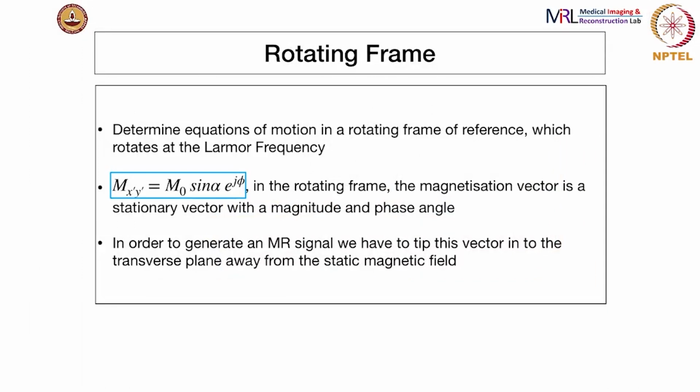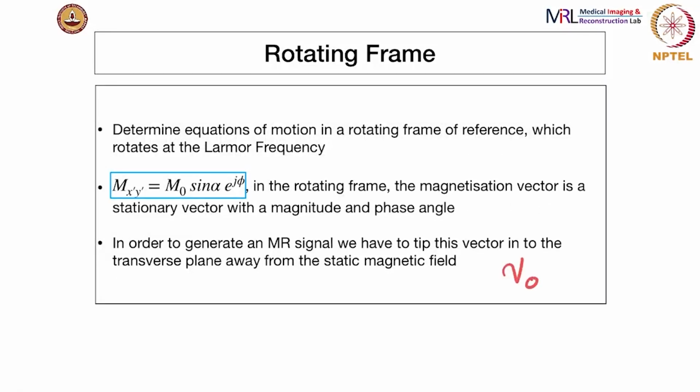There is one other concept you will come across. I will just briefly touch upon it. It's called the rotating frame of reference. If you tip, let's say the MXY component is in the plane. It is precessing at a frequency nu 0. This is a very high frequency, in the radio frequency range.